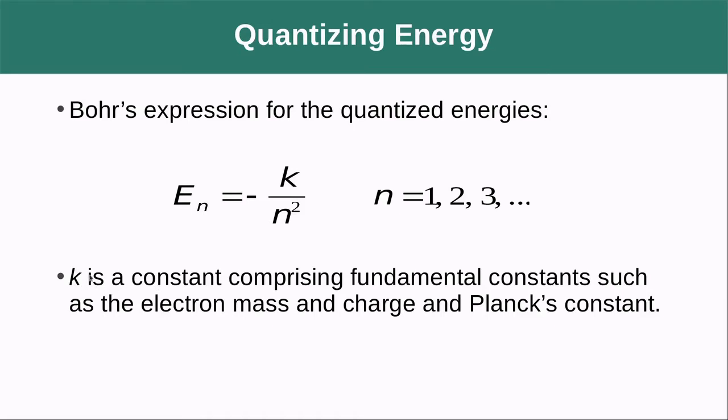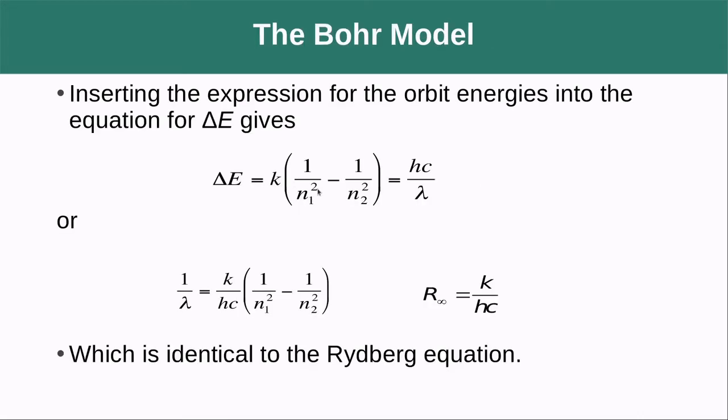And then instead of just saying, well, the k value is this, he started to develop an idea of where this k value was coming from. So he had some basic fundamental constants such as the electron's mass, its charge, Planck's constant. These all comprise k. So he gave us some idea where that k value was coming from, as opposed to like Rydberg or Balmer.